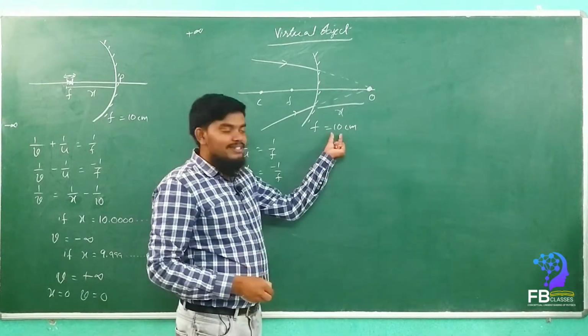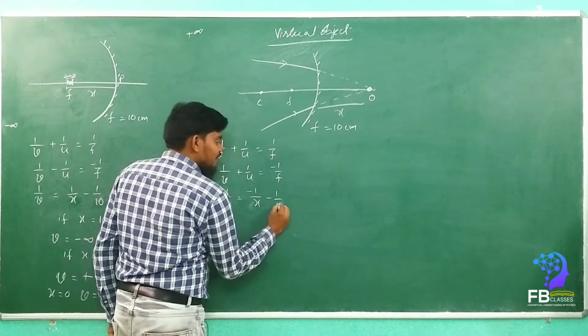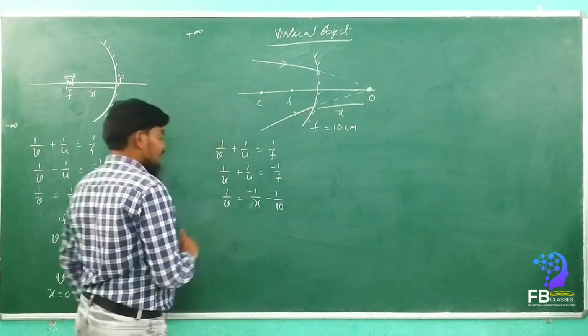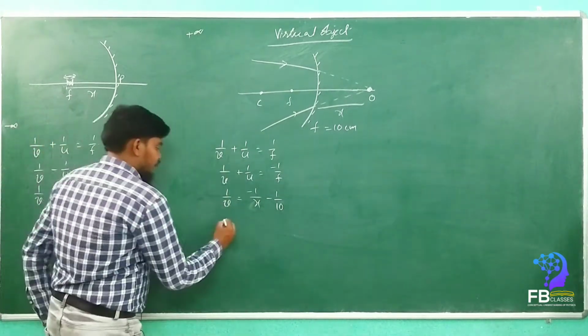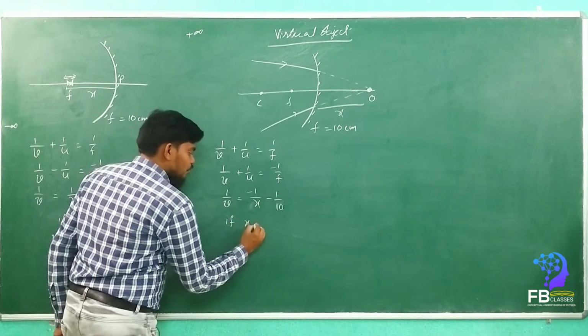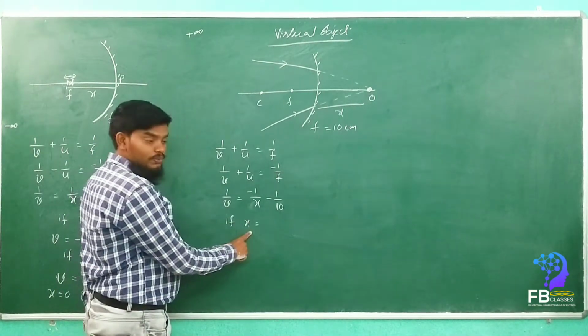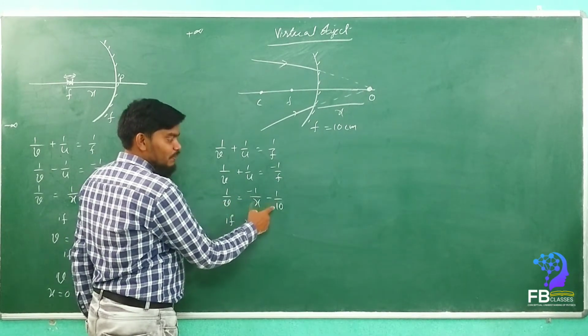Okay, so what is going on here? For better understanding, the f value we are going to take here is 10. Are you getting my point? Yes, sir. Then what will happen? The same mechanism will be applied here. So if x is equal to, see here, this is minus 1 by x, minus 1 by 10.